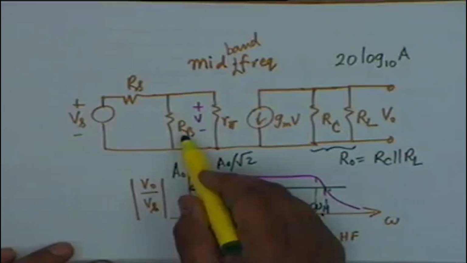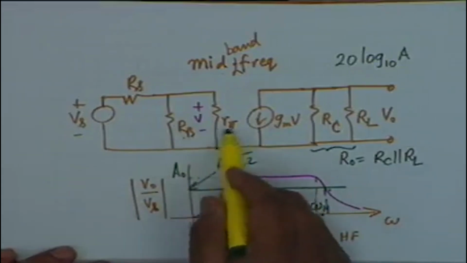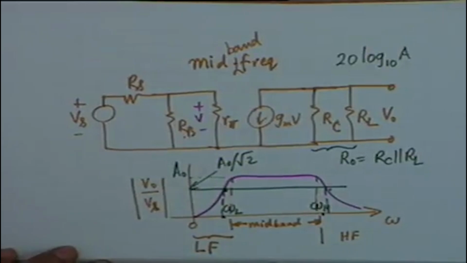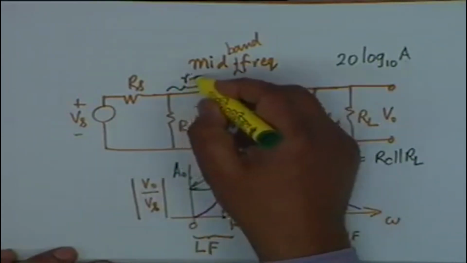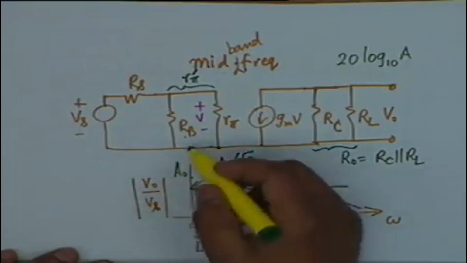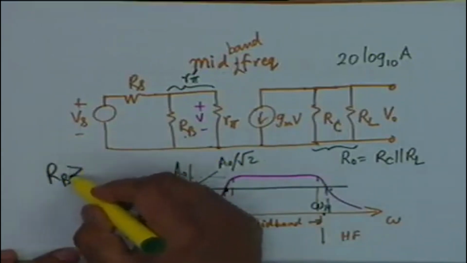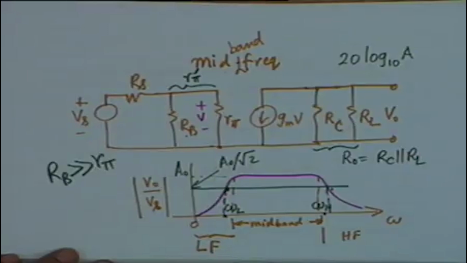You also notice that RB and R pi are in parallel, and if RB and R pi are comparable, then you can combine the two and you can call the resulting one as R pi prime. But the usual design consideration is that RB is usually much greater than R pi. R pi is of the order of a k, and RB would be of the order of 10k, and 1:10 can be considered as much greater than.